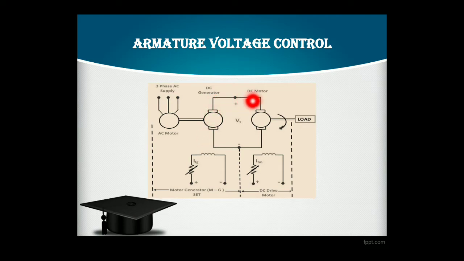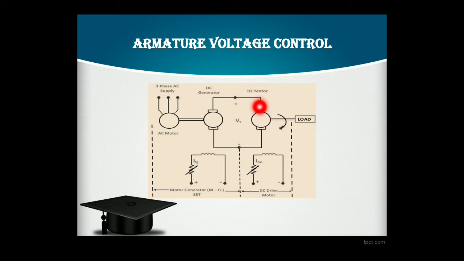terminal, the DC motor terminal, which is also a separately excited DC motor. When the rated voltage is supplied to the DC motor terminal, the DC motor will tend to rotate, and at the rated voltage the motor speed can be at most the rated speed.